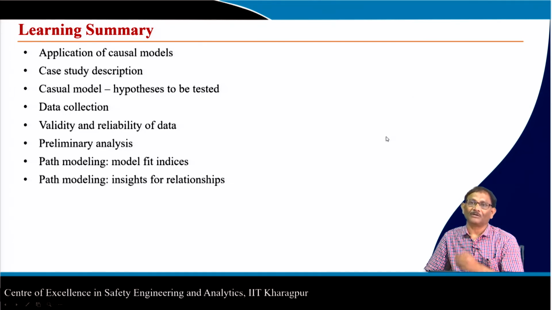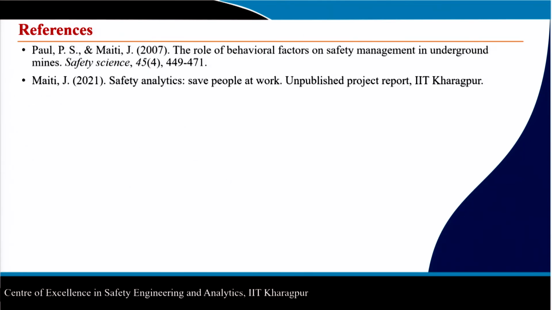You can use one of them as a reference, collect data, analyze the data, and after that find out appropriate design solutions, maybe engineering or administrative, and that will definitely help you in improving the safety of people at work.